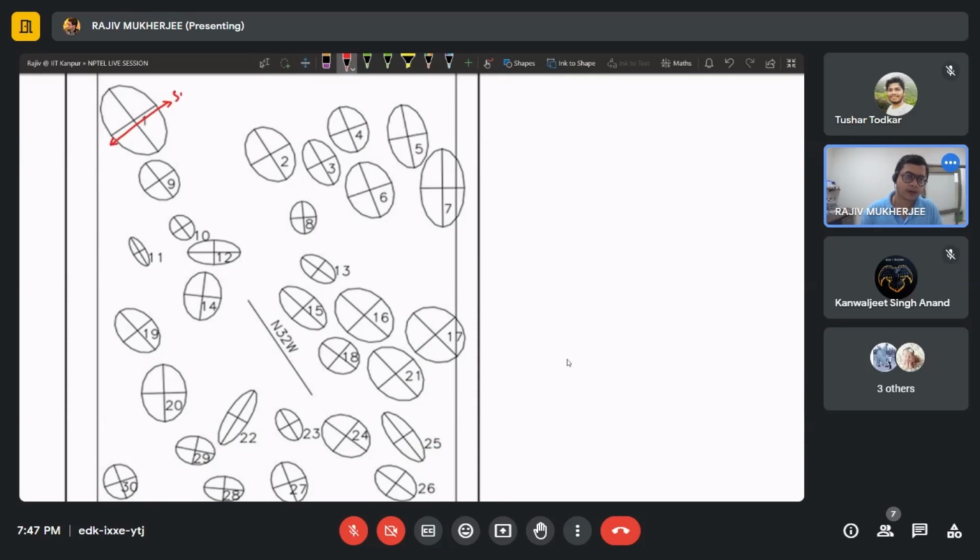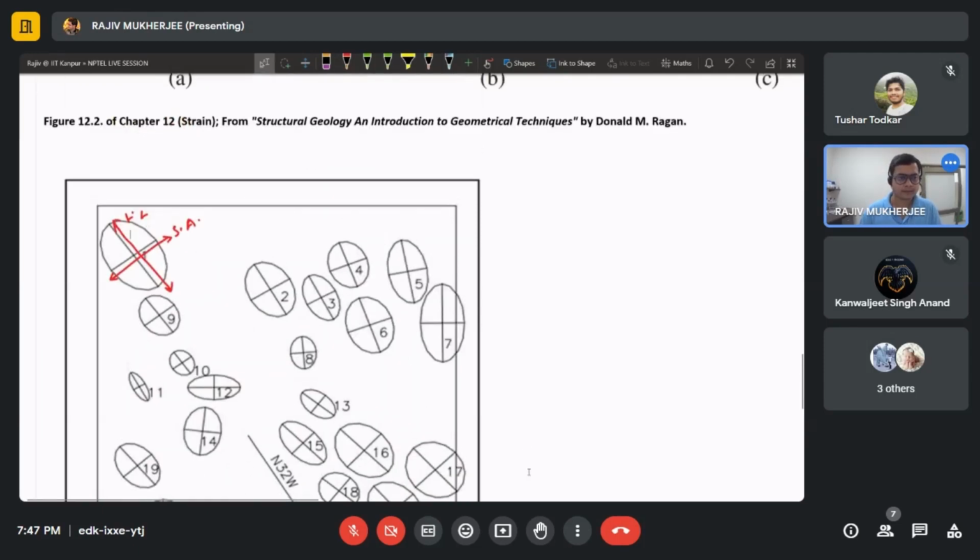So of each individual marker, we measure the long axis length and the short axis length. So we get the readings of whatever data there are, right?